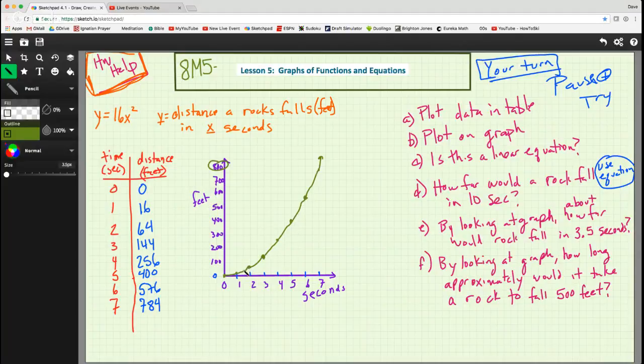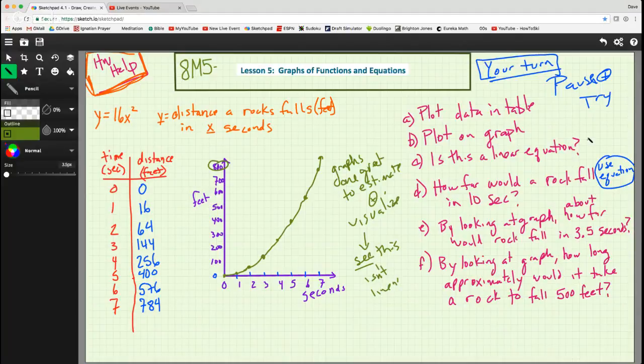Now it's not a perfect graph, but again, graphs are often good for estimating. Graphs are great to estimate and to visualize, because I can immediately see this isn't linear.